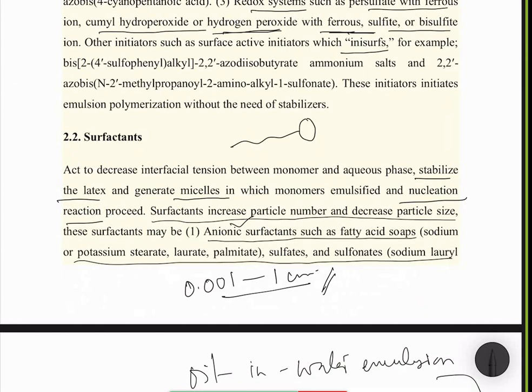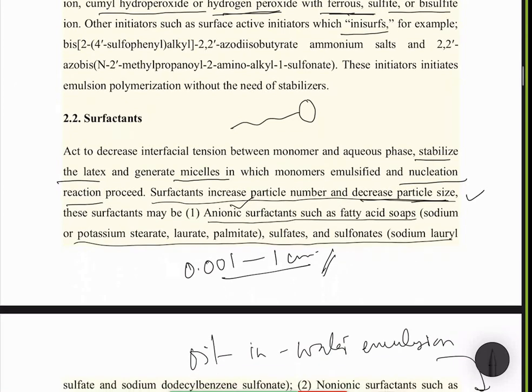As it reduces the surface tension between the hydrophobic and hydrophilic parts, it decreases the particle size and increases the particle number. So this is a unique behavior of the surfactant that we can see in emulsion polymerization.